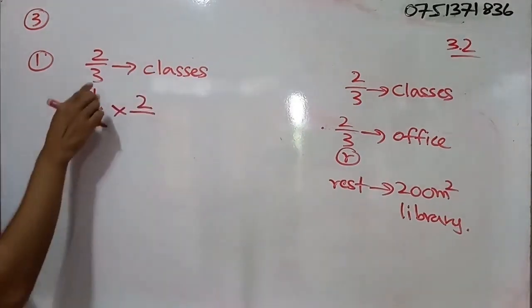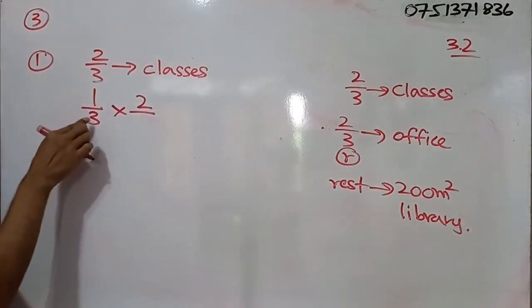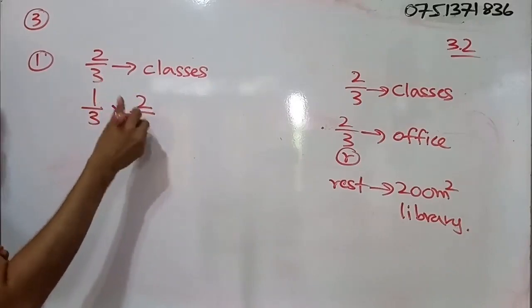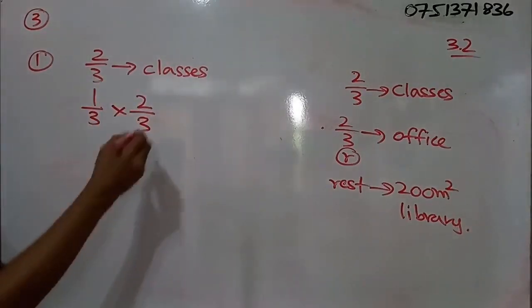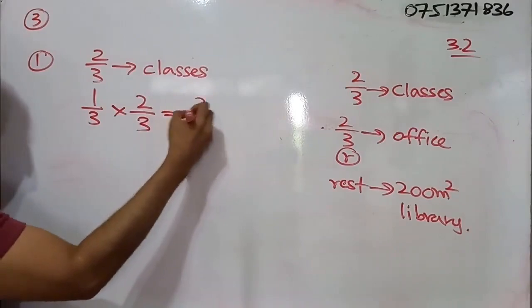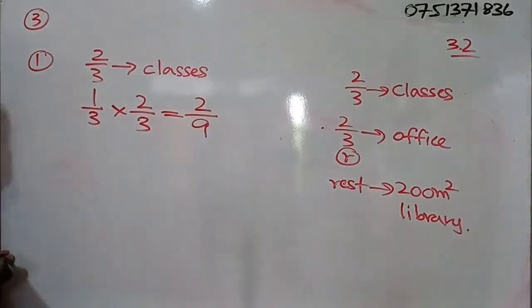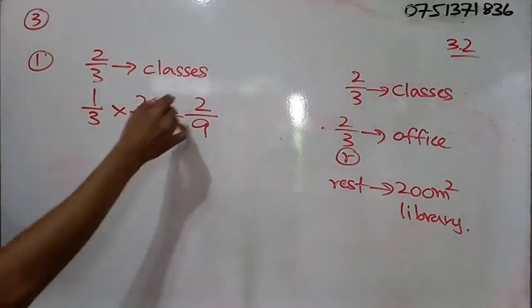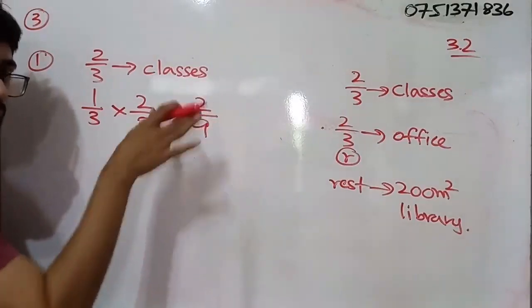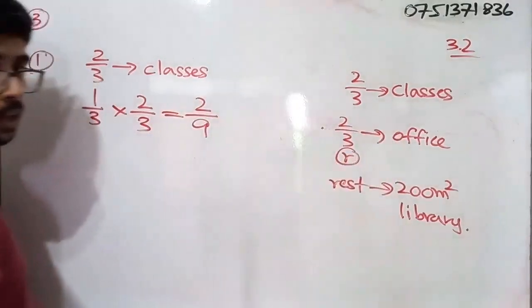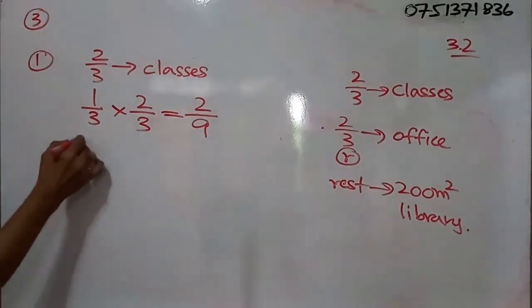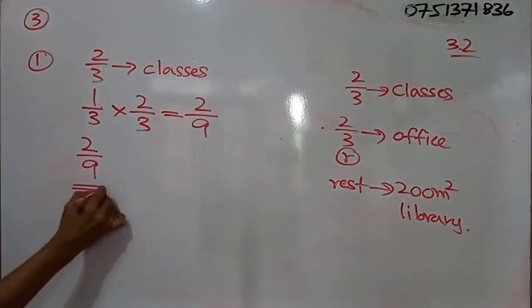So 1/3, this is the remaining amount. So 2/3 of that: 2 times 1, that is 2. 3 times 3, that is 9. So this is the amount from the whole area allocated for the office. So 2/9, that is the answer.